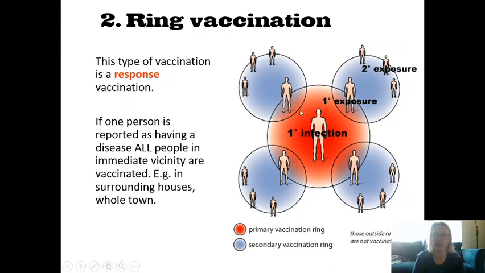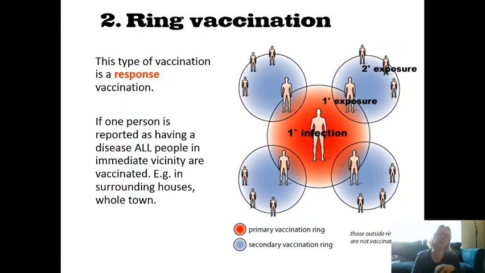You've got infection in one particular area, and they'll vaccinate in the surrounding areas to prevent that disease spreading out of one specific area. So all people in the immediate vicinity are vaccinated, e.g. in the surrounding houses or the whole town, to prevent the spread.